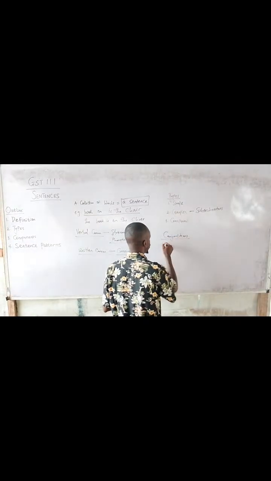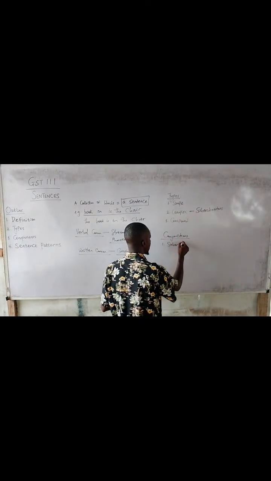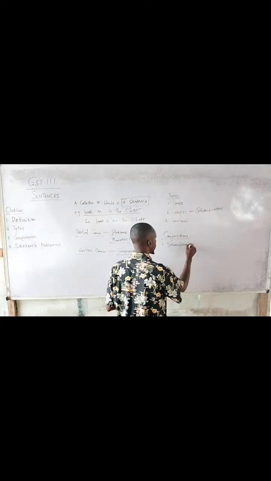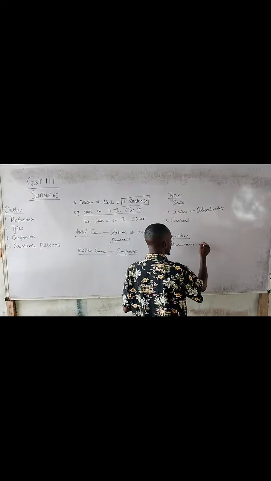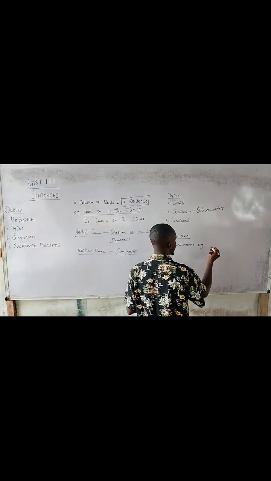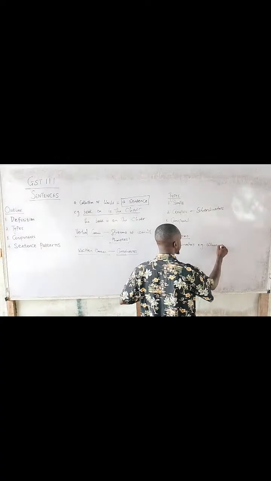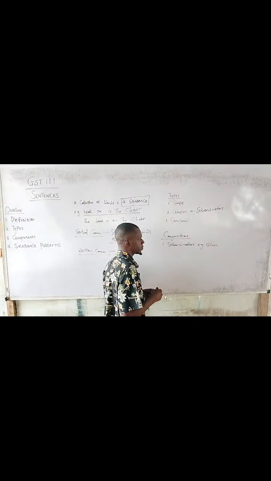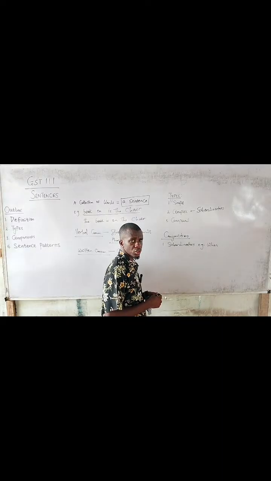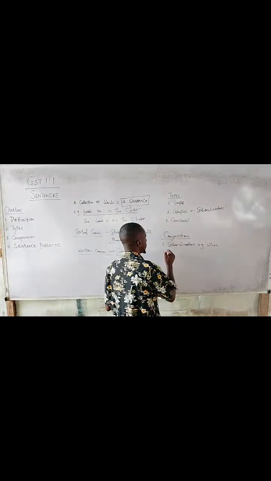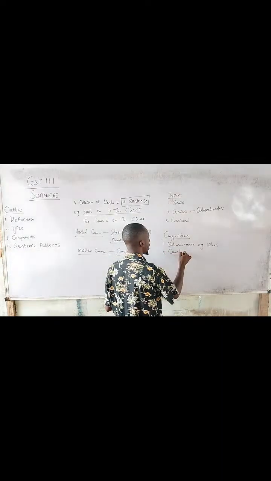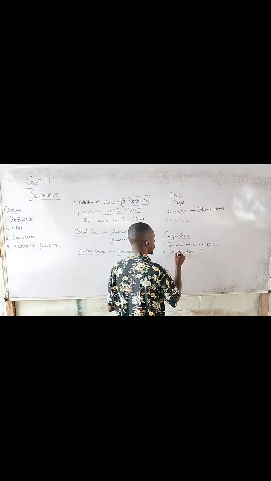Conjunctions in English include, I made mention of subordinators. Examples of subordinators, we could have an expression such as when, a subordinator. Number two, we have coordinators.